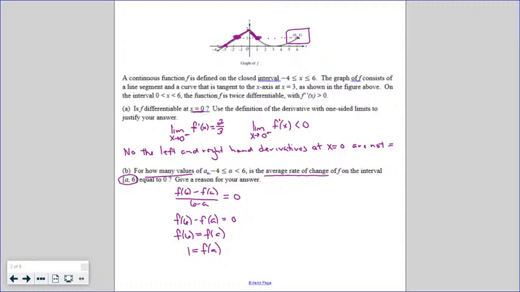I don't need to identify what they are, but I can see that it would happen 2 more times. For how many values of a would f of a equal 1? Twice on that interval. So 2 times.